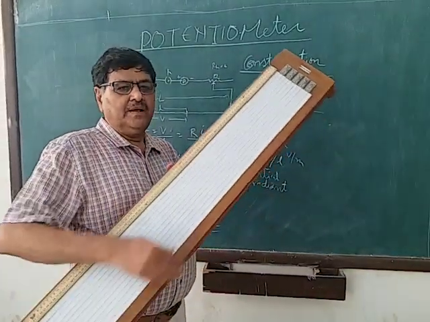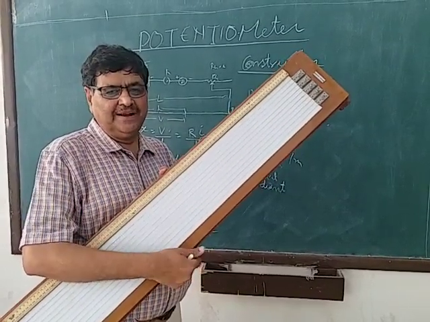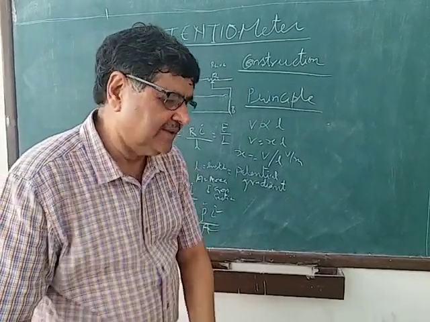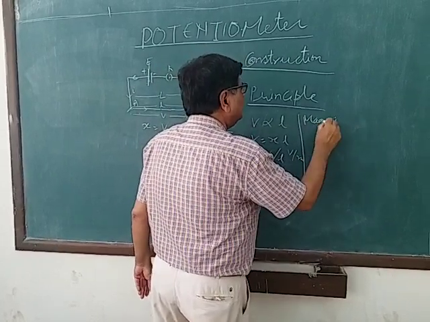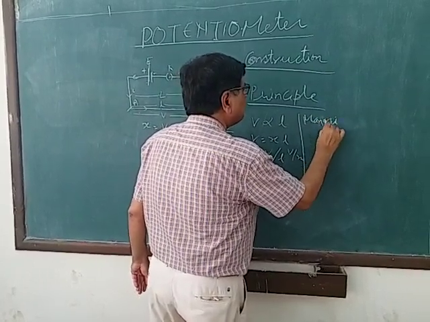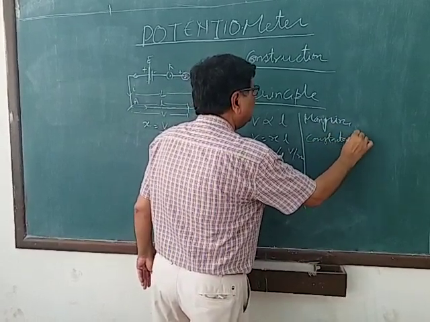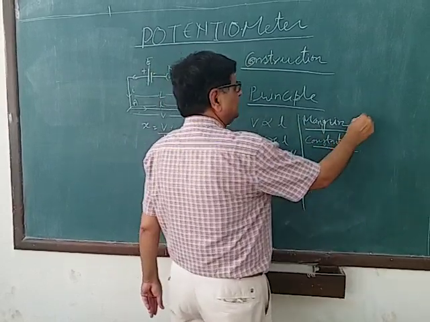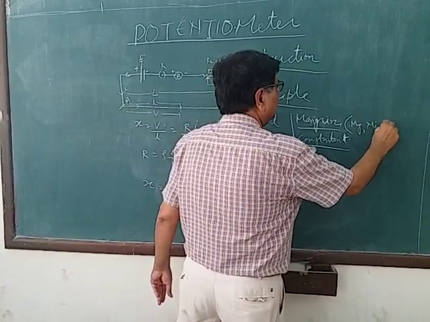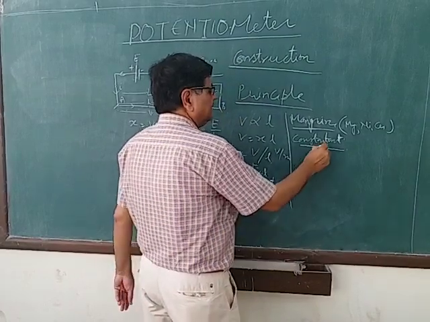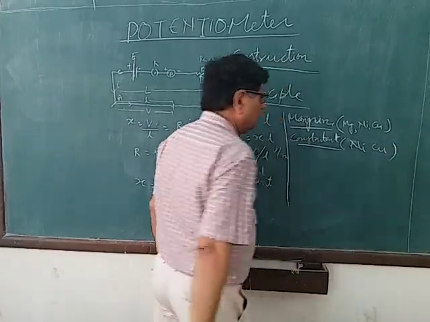As I told you, these wires consist of Manganin or Constantan. Manganin or Constantan are the 2 alloys. Manganin consists of manganese, nickel and copper in a proper ratio. Constantan consists of only nickel and copper.